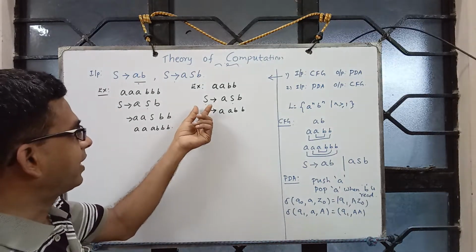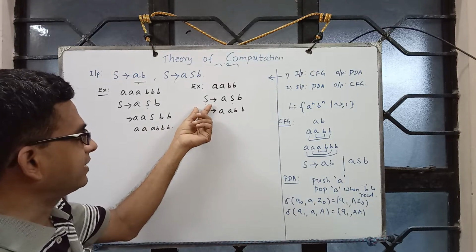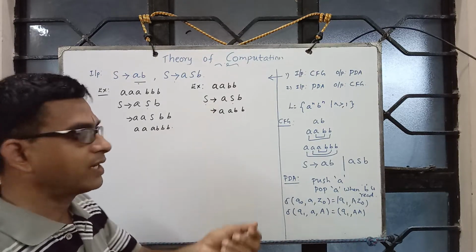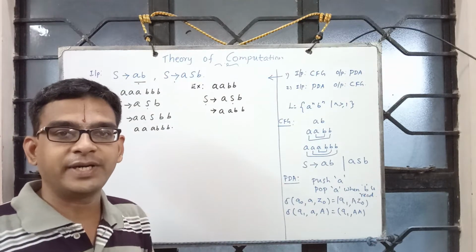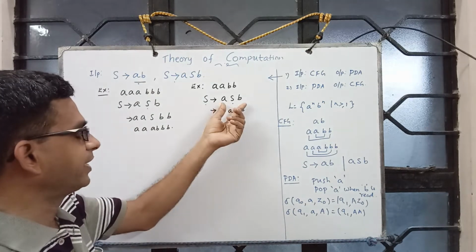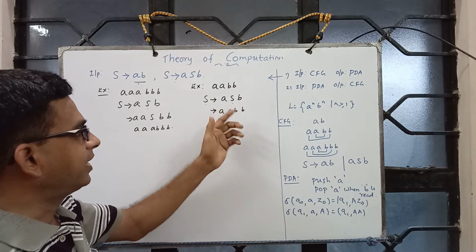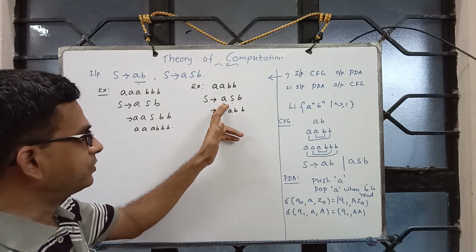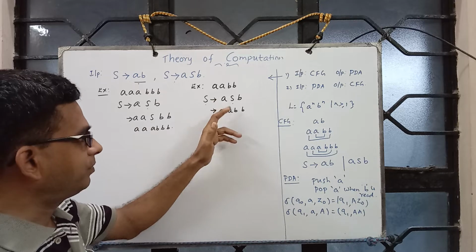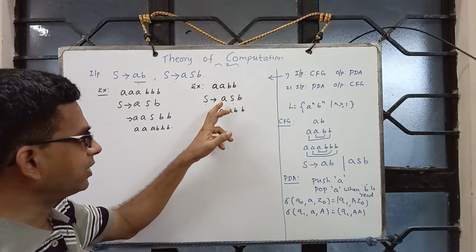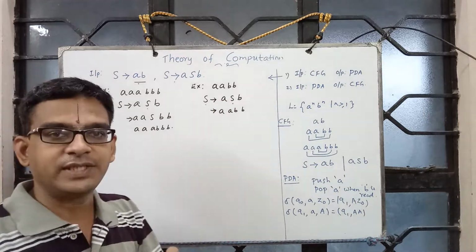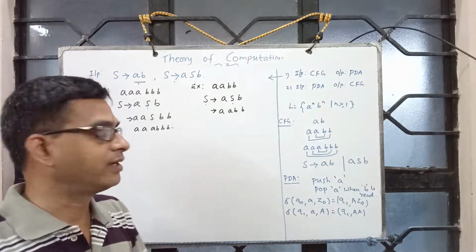So when you start with S, I should push S onto the stack, and subsequently it is replaced by, say, ASB. And then A will be at the top, below that S, below that B. Now the top symbol is A. So what should you do when you look at A?